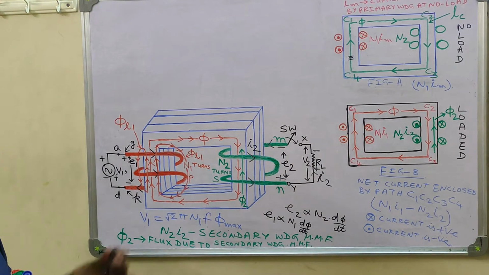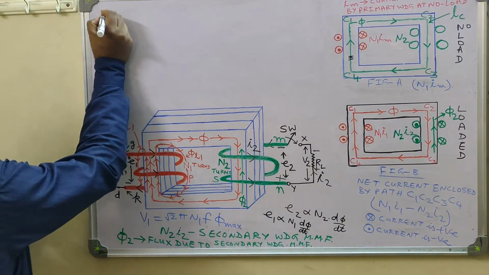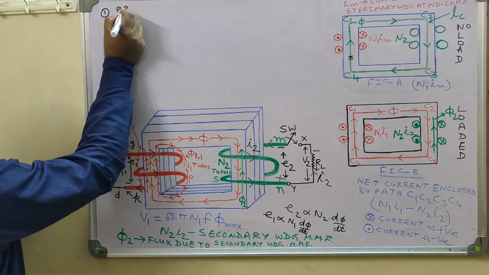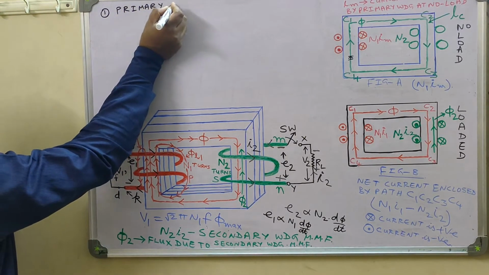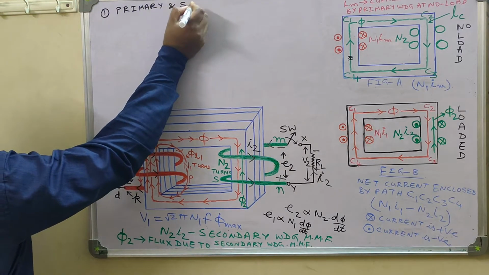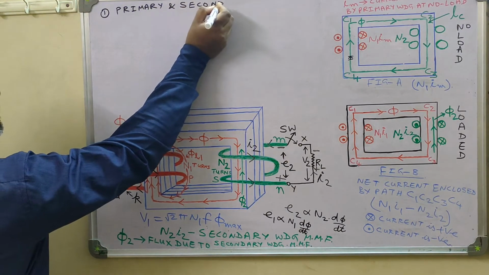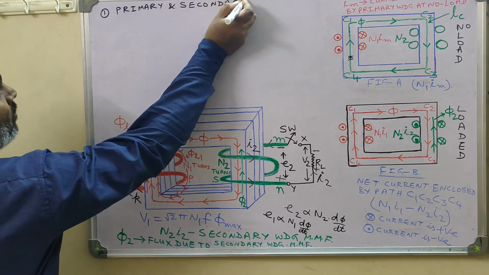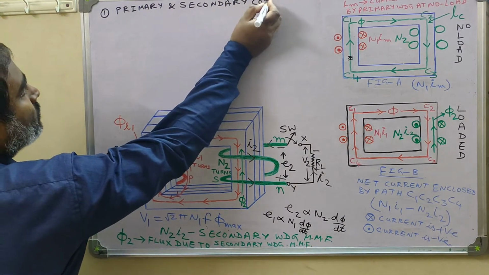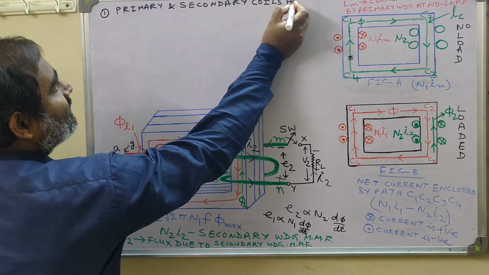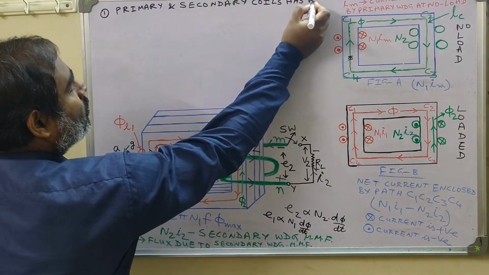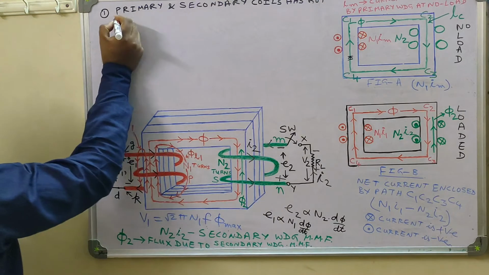So we are saying that the first assumption is that the primary and secondary coils, I am writing coil, you may write windings also, have got no resistance.